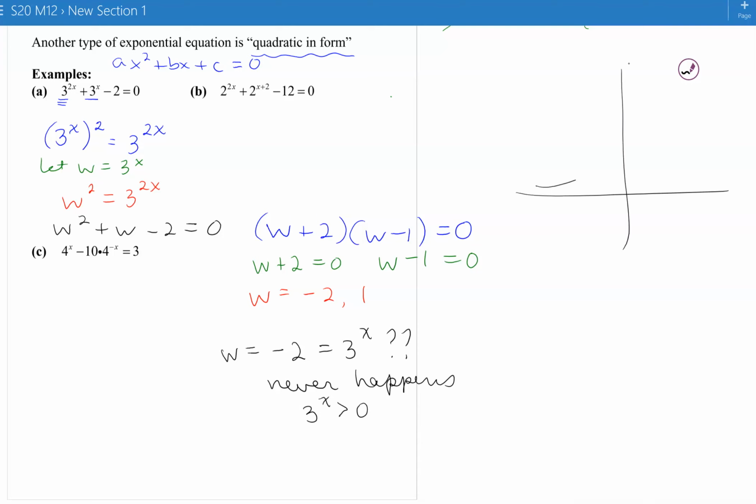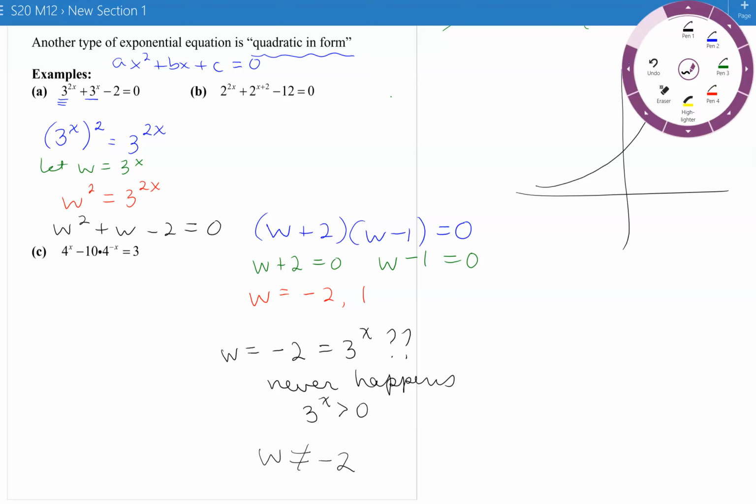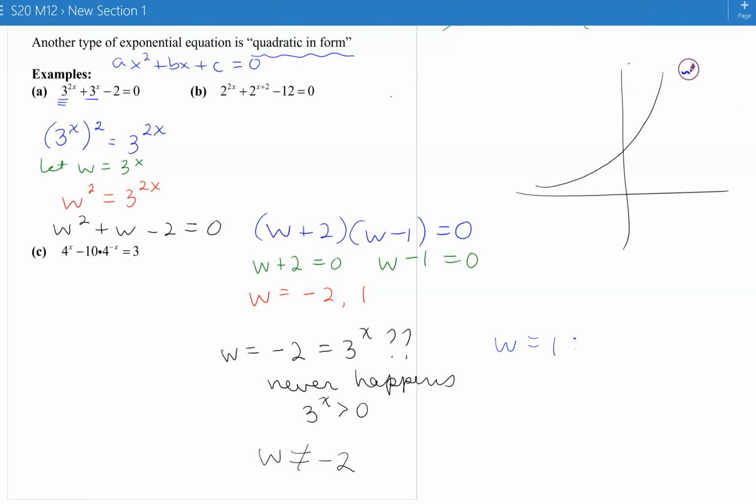If you think about what the graph looks like, it never has a y value of 0. So w can't equal -2. And then let's look at w equal 1. So can 3 to the x equal 1? Well, that could happen, right?